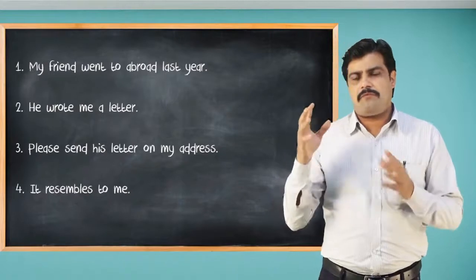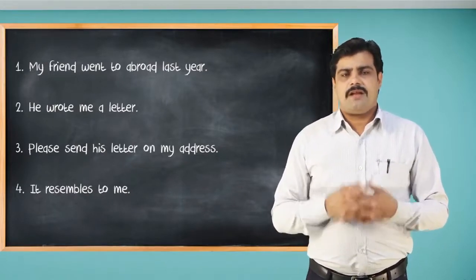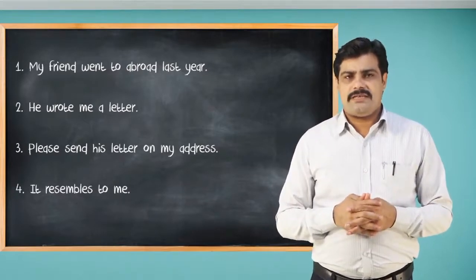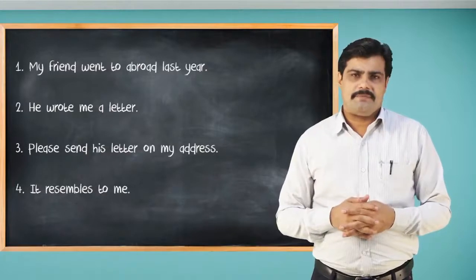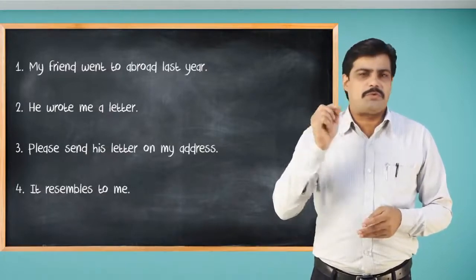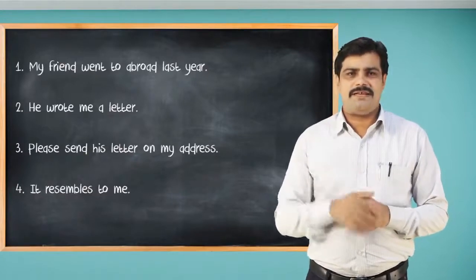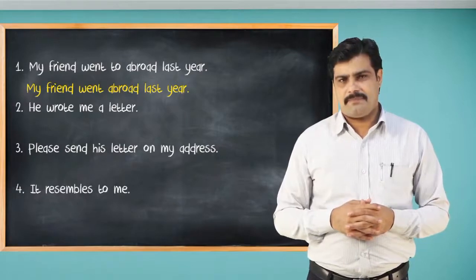So in these 4 sentences, what are the errors? Now let's see the first sentence. My friend went to abroad last year. Before "abroad", we don't use the preposition "to", remember. So say the sentence, my friend went abroad last year.